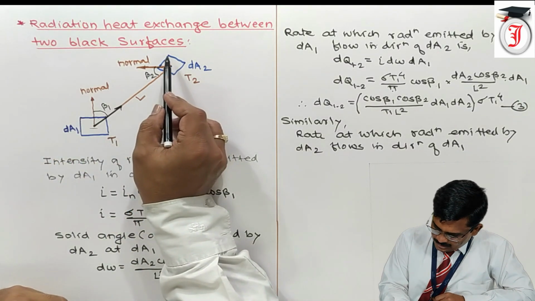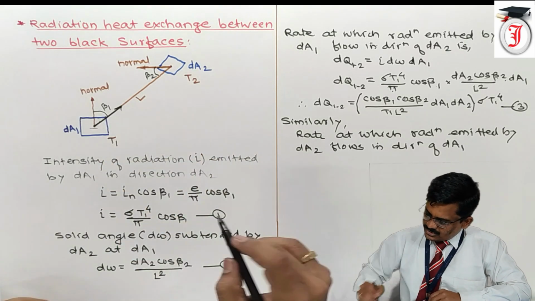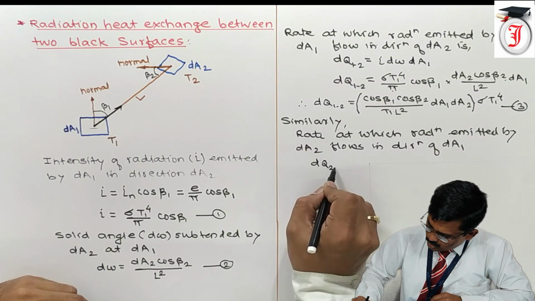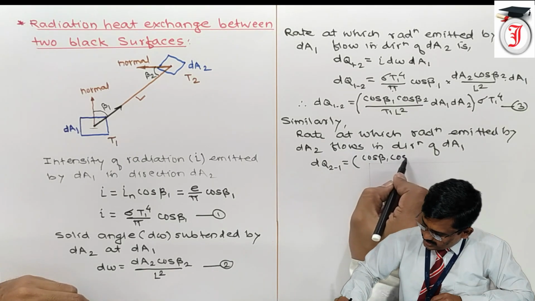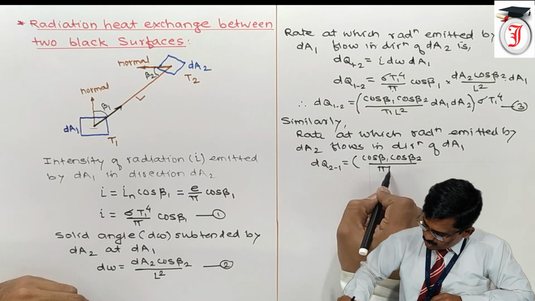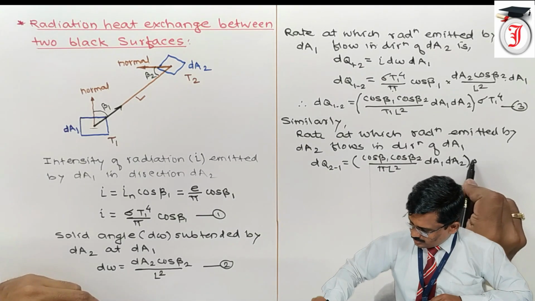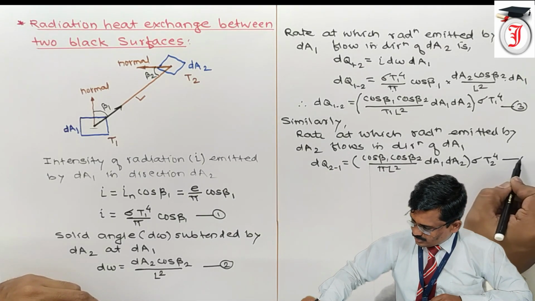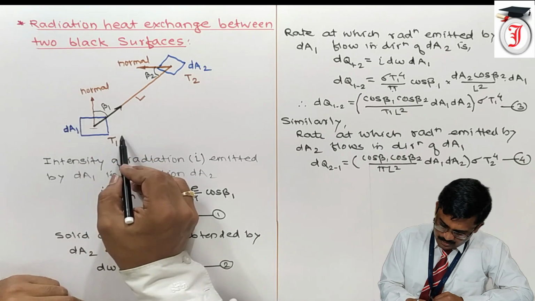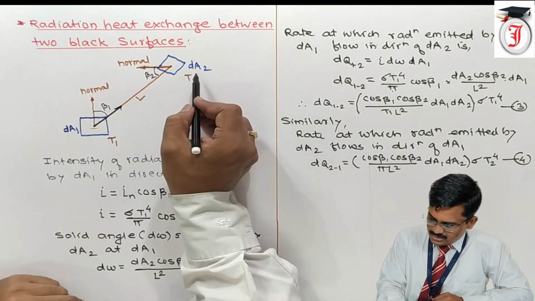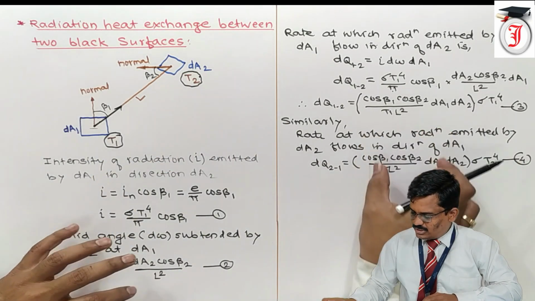So the rate at which radiation emitted by surface dA2 flows in the direction of dA1 is given by dq2 to 1 is equal to cos beta 1 into cos beta 2 upon pi L square, dA1 dA2, into sigma T2 raised to 4. This is equation number 4. The only difference is that dA1 has temperature T1, whereas dA2 has temperature T2.